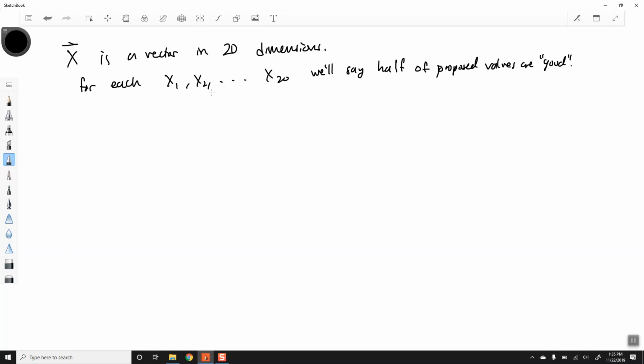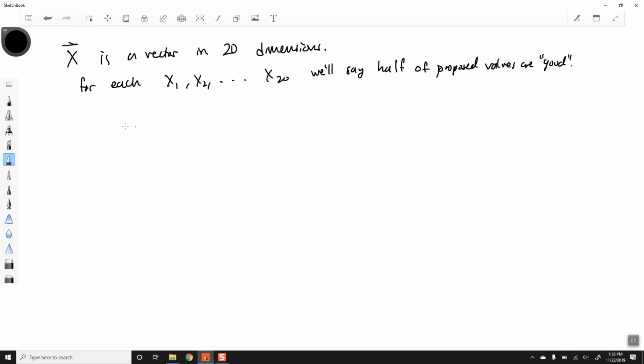You're going to be proposing a whole lot of 20-dimensional values, and very few of them will have all 20 things acceptable as far as the PDF, the P move being high enough to be accepted.